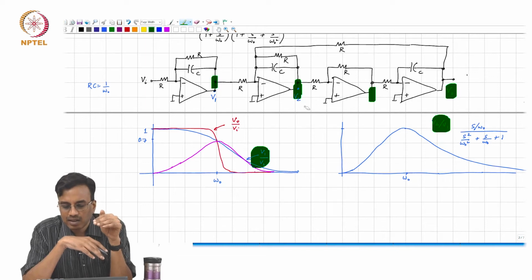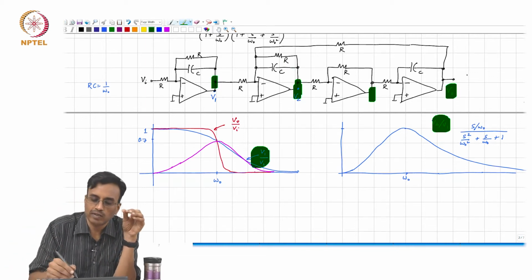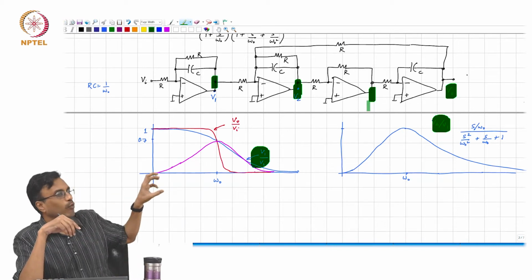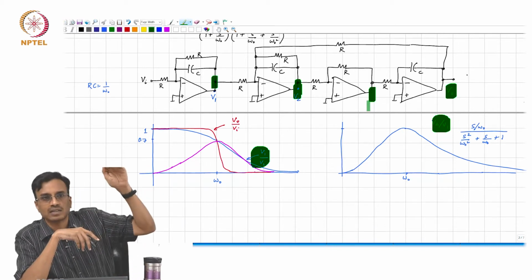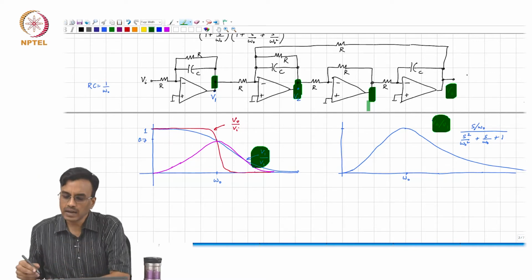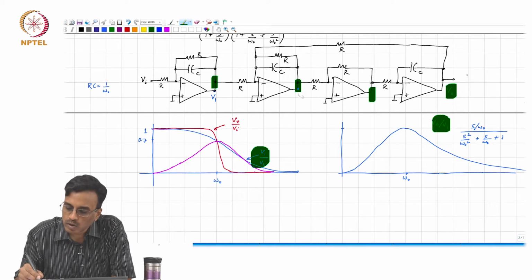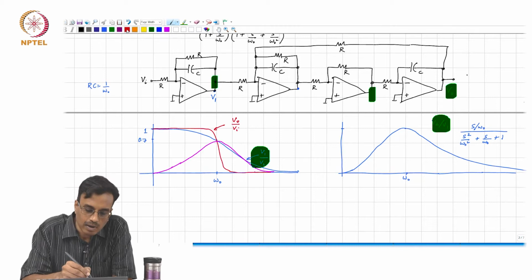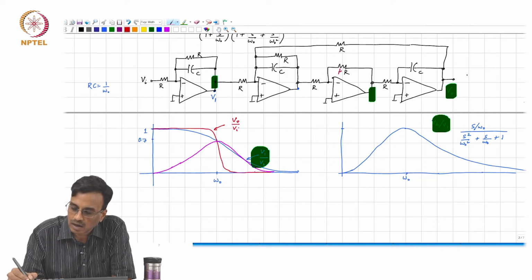Let us say that because of some weird choice of resistor values here, the peak gain of one of these op amps was much higher than the peak gain of others. And to illustrate the point, what I am deliberately going to do is gain this node up by a factor k, let us say a factor 10.